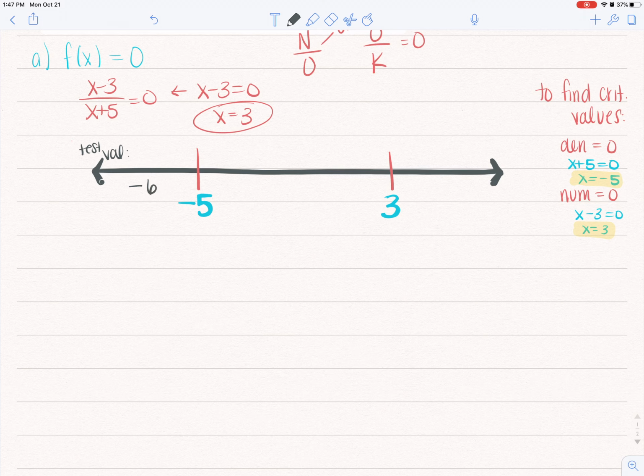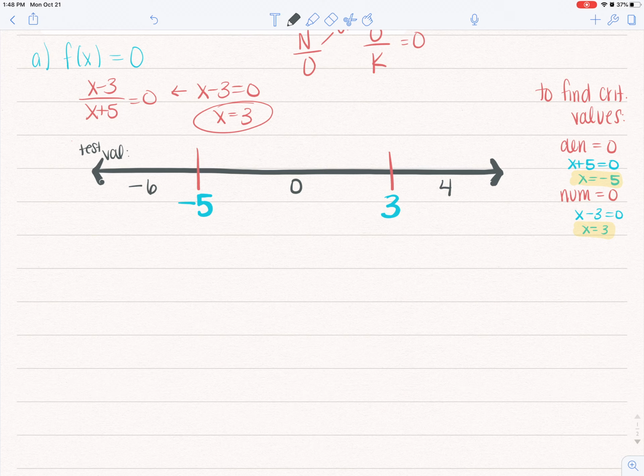My next test value, I need between negative 5 and 3. I could pick any number between negative 5 and 3, but I always want to pick 0 whenever possible because that's going to be the easiest option. Last part, I need a number between 3 and infinity, so the easiest one would be 4.